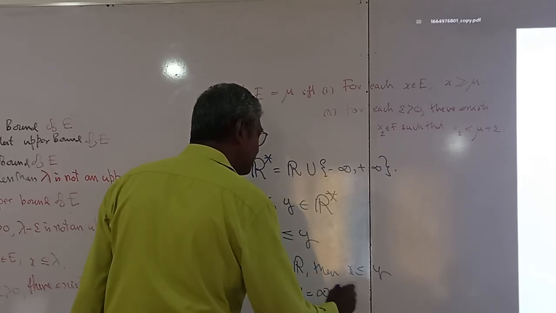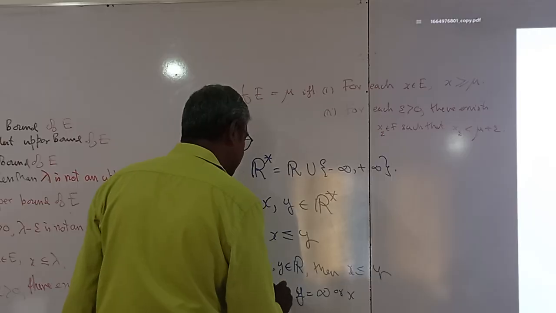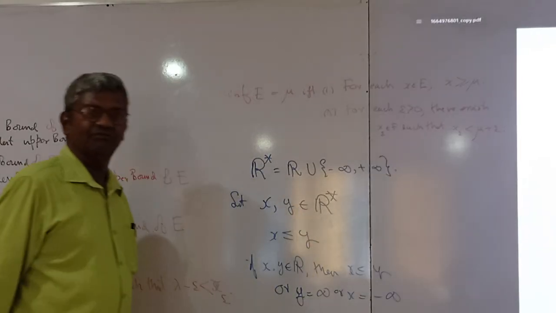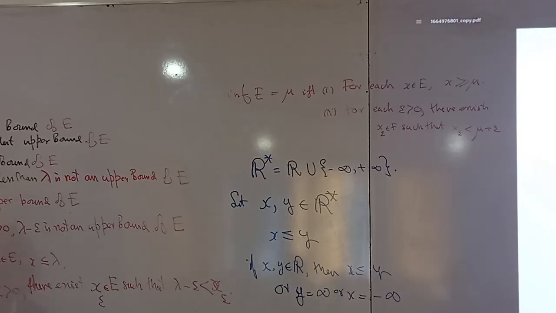Or x is negative infinity. If x and y are extended real numbers, and you are told that x is less than or equal to y, y can be plus infinity, x can be minus infinity, or x and y are real numbers and x is less than or equal to y. That's what it means.